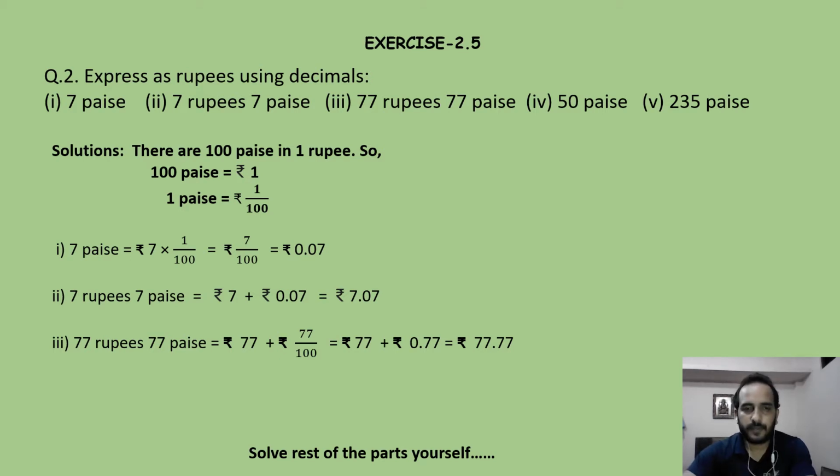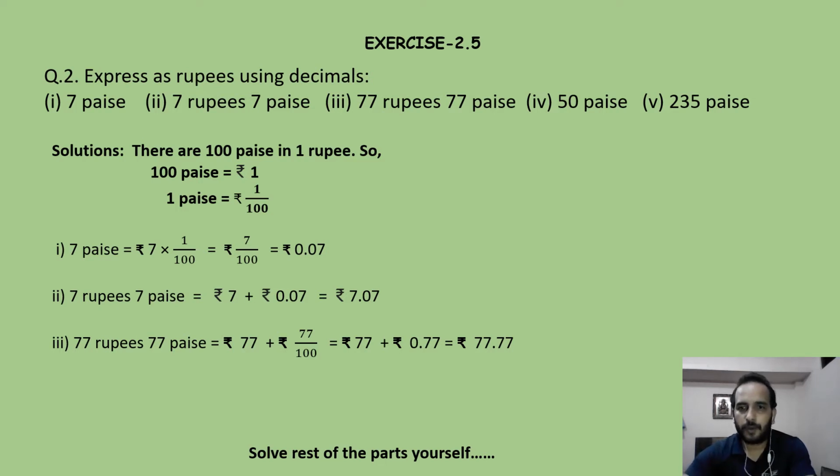So rupees 77 we have written with the symbol of rupee here, and then 77 paise, multiply by 1 upon 100 to convert it into rupees and you get 0.77 rupees. And once you add them, the integral value is rupees 77.77.